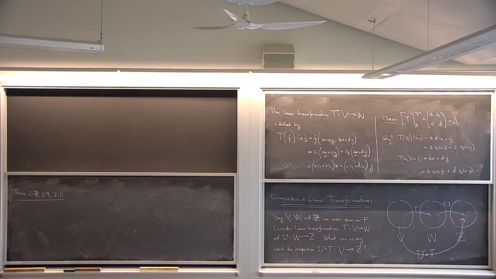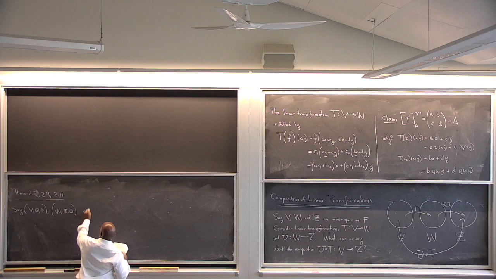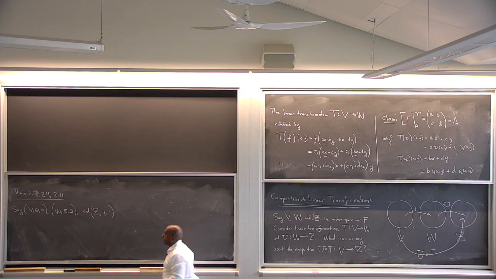So now let's try to be a bit more precise here. Let's say that we have V in terms of circles, W in terms of the boxes, and let's say here Z, which I'm not going to put anything around.